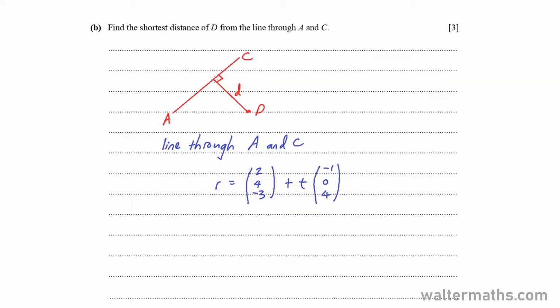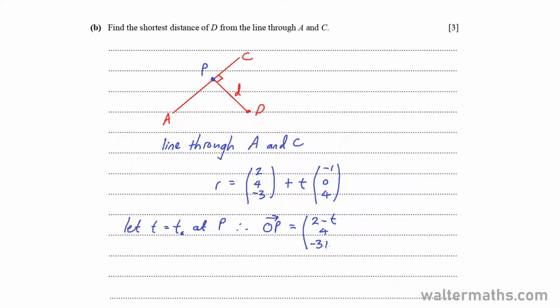Now, let us consider this point here, which I want to call P. So we can find the coordinates of P using the equation of the line. So I can say let t be equal to t naught at P, which therefore means that the position vector of P will be equal to, just combining this, 2 minus t, and then 4 plus 0t, so that's just 4, and minus 3 plus 4t here.